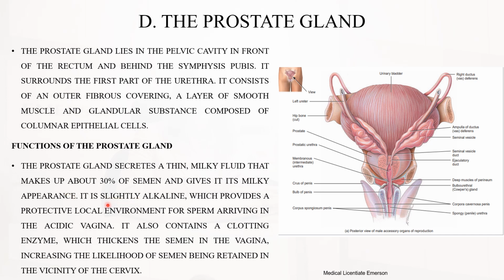This same milky fluid is slightly alkaline, which provides a protective local environment for sperm arriving in the acidic vagina. It also contains a clotting enzyme which thickens the semen in the vagina, increasing the likelihood of semen being retained in the vicinity of the cervix.